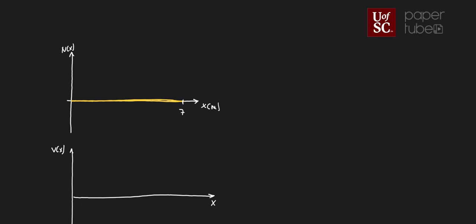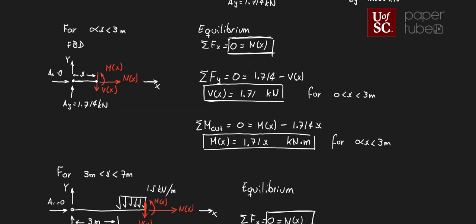Okay, let's look at my shear diagram. In my shear diagram, what did we find? For my first equation, we found that V as a function of x is 1.71 kilonewtons. So that means that it's a straight line at 1.71 kilonewtons.